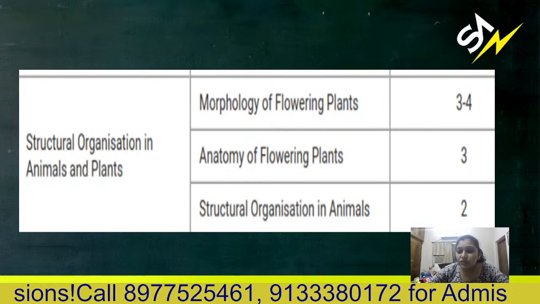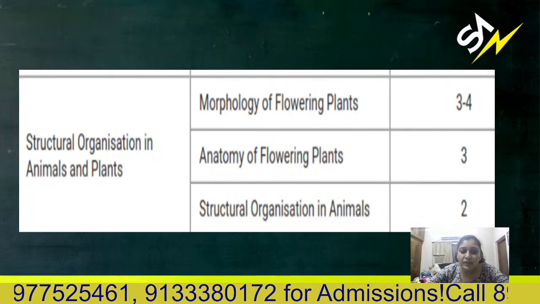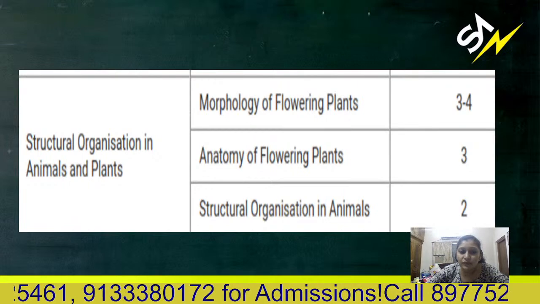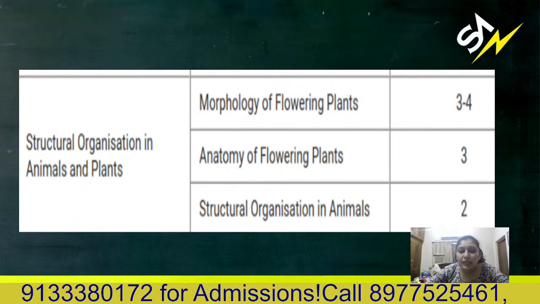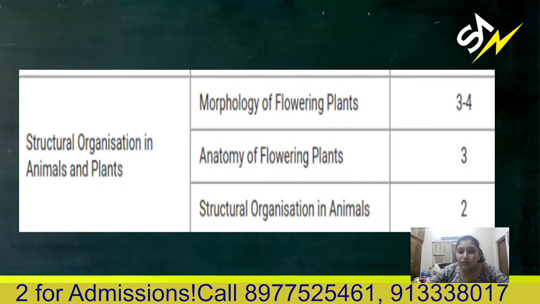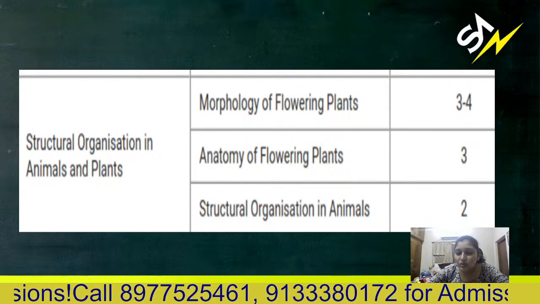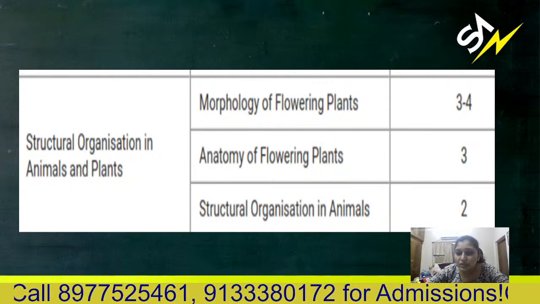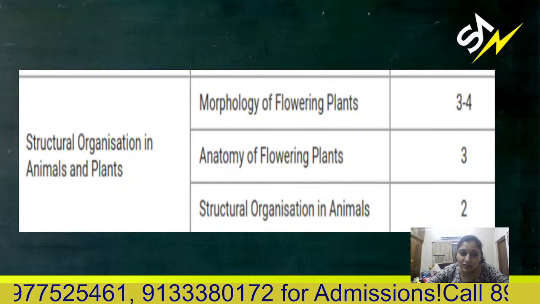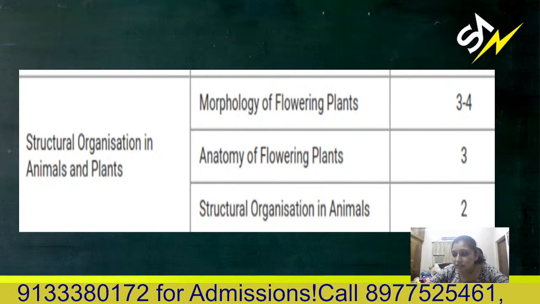So the weightage for this chapter: structural organization of animals and plants. For botany, from there you have two chapters, morphology and anatomy. Morphology we have covered in the last class, and that gives you around 3 questions, and the same weightage applies to this chapter, anatomy, but this is a little bit more in detail.